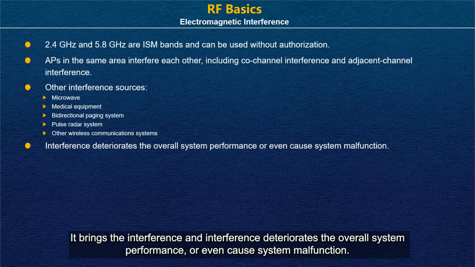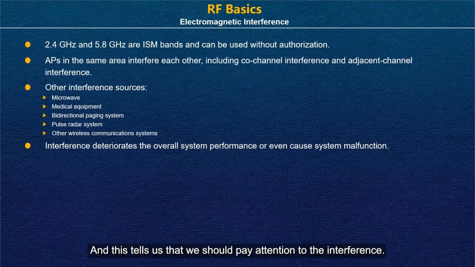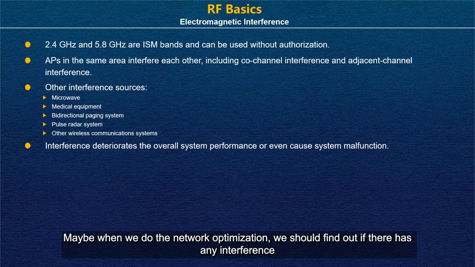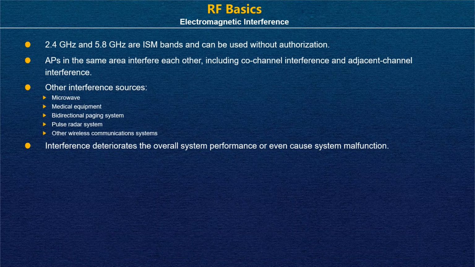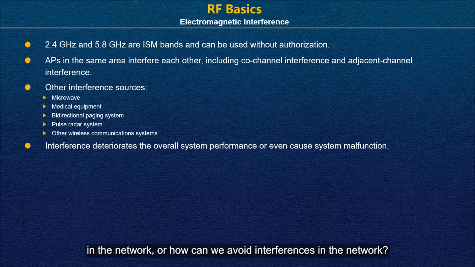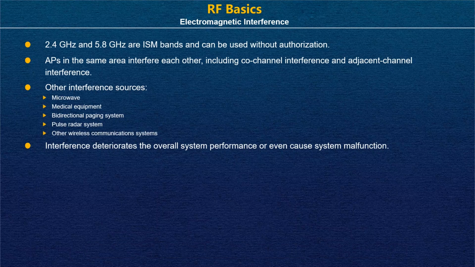And interference deteriorates the overall system performance or even causes system malfunction. This tells us that we should pay attention to the interference. When we do the network optimization, we should find out if there is any interference in the network, or how we can avoid interference in the network.